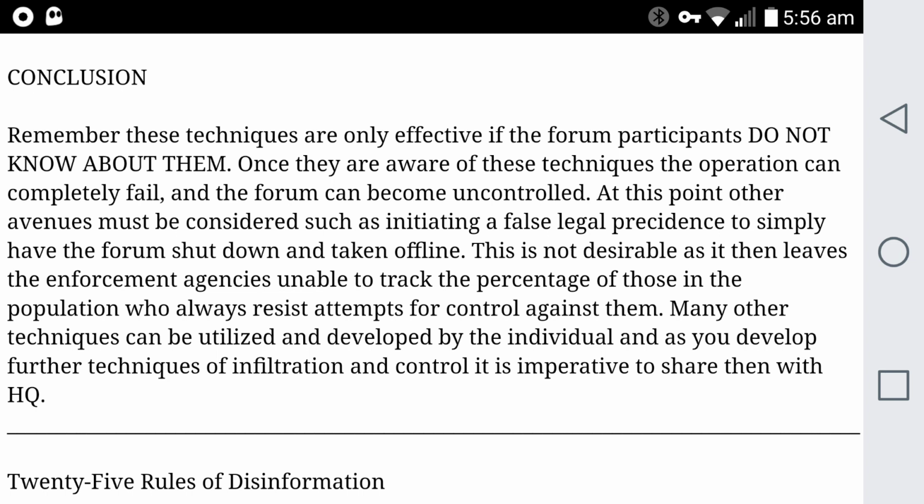This is not desirable, as it then leaves the enforcement agencies unable to track the percentage of those in the population who always resist attempts for control against them. Many other techniques can be utilised and developed by the individual, and as you develop further techniques of infiltration and control, it is imperative to share them with HQ.